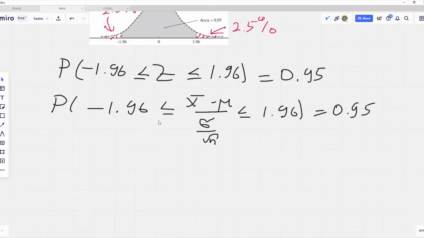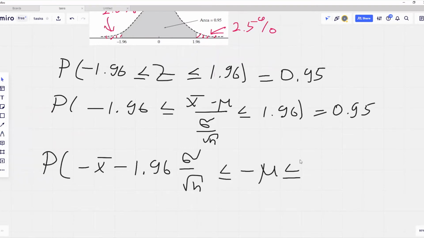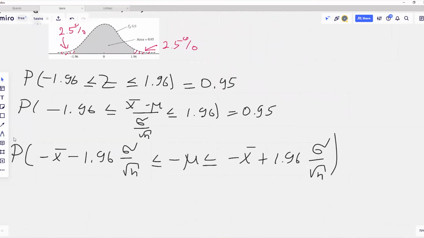And let's subtract X bar from all sides here. We get minus X bar minus 1.96 sigma divided by root of n, less than minus mu, less than minus X bar plus 1.96 sigma divided by root of n. So the probability of that is equal to 0.95.